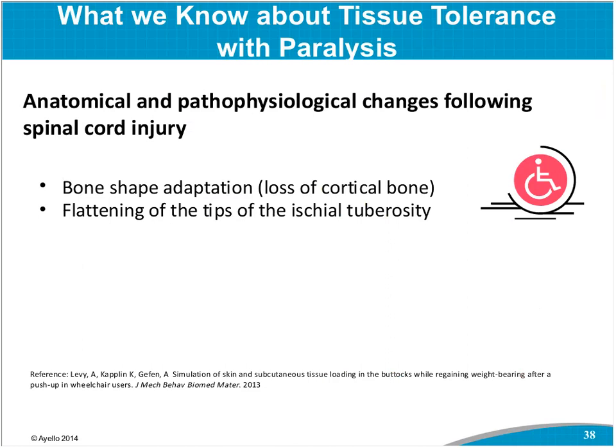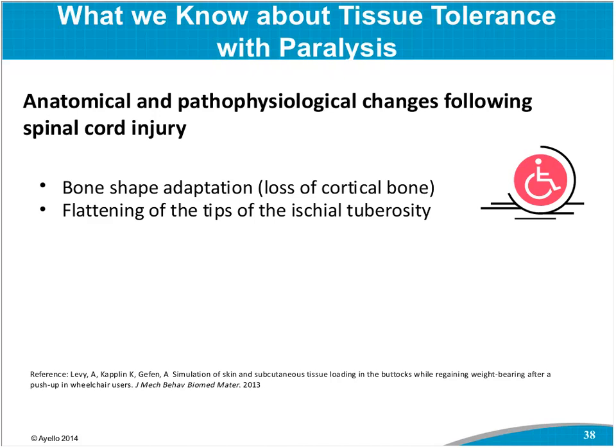The ischial tuberosities that people would sit on, for instance, in a wheelchair, actually get flatter, as well as a loss of gluteal mass and more fat tissue that infiltrates into the tissue. All this translates into a change in tolerance, and the longer somebody is paralyzed, the more changes go on in the tissue and the bones in that area.